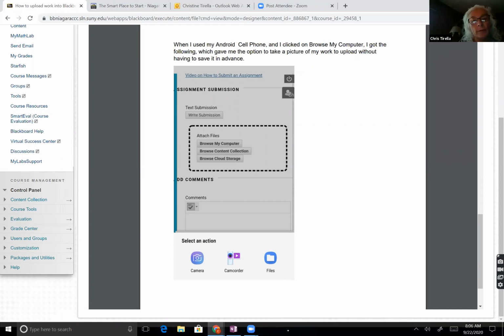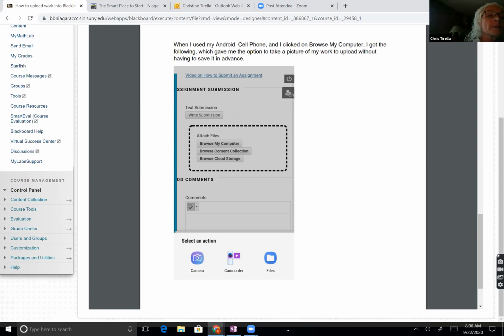It's easy for me to grade on the Surface using the stylus. And if I grade it on the Surface using the stylus in Blackboard, it immediately gets saved, annotated in Blackboard, so that when you go to check your grade, you can click on it and look at the graded paper to see how I graded it, what was right, what was wrong.